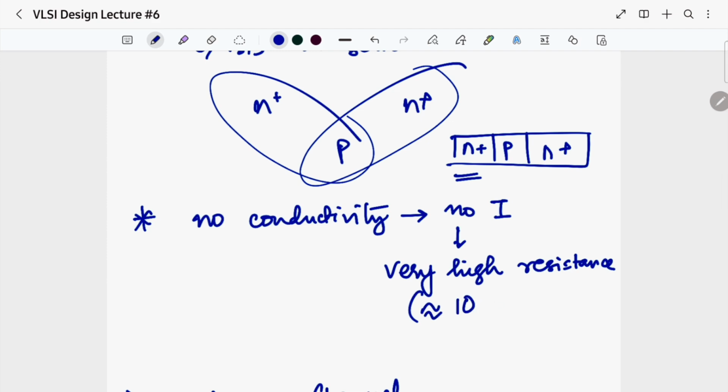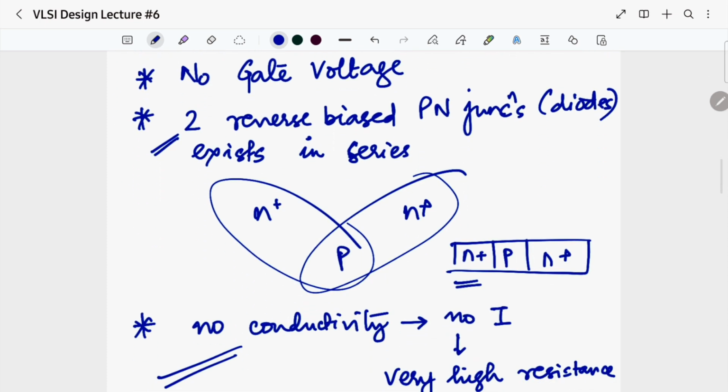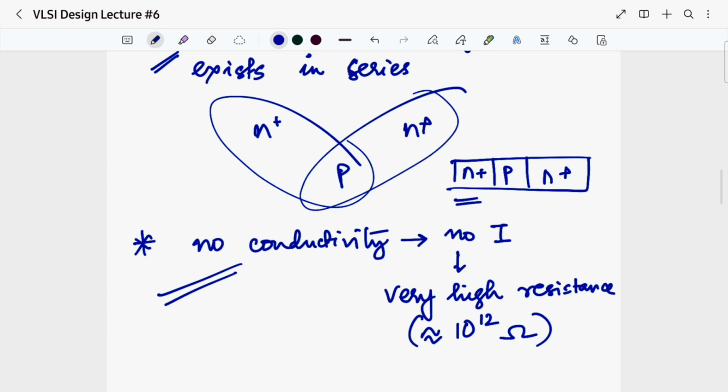The range is 10 to the power of 12 ohms. It is too huge, so there will be no conductivity. So the first step of our physical operation is no voltage is applied, and when we are applying no voltage, what will happen, we have discussed. Till this point there is no conductivity.